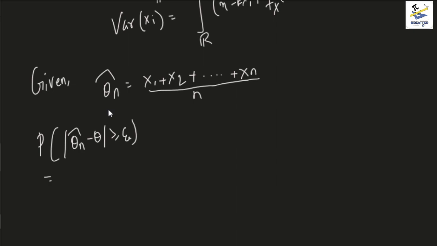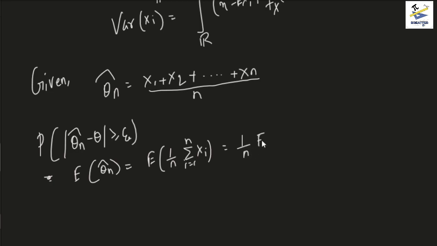This means we can use Chebyshev's inequality here, because E of theta n cap is E of 1 by n summation from i equals 1 to n Xi, which is 1 by n times n theta, and this becomes theta.